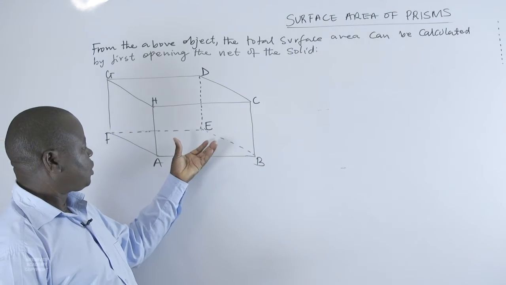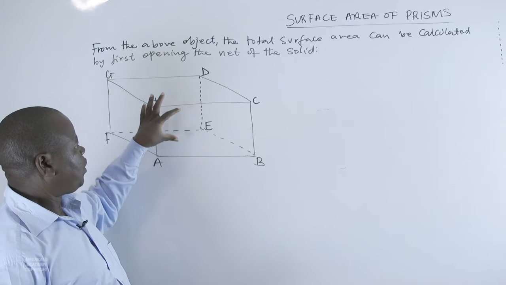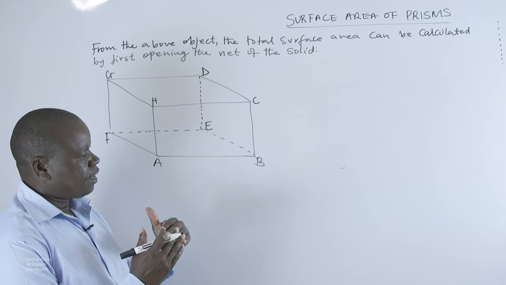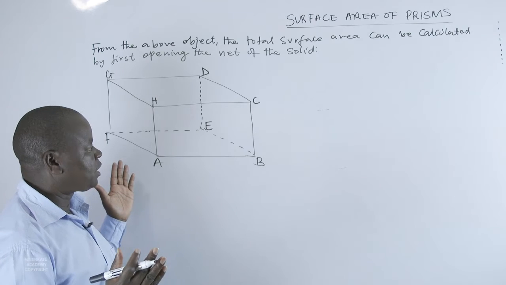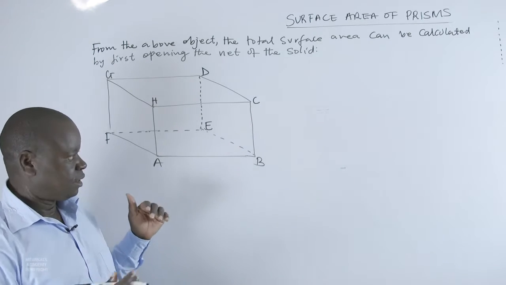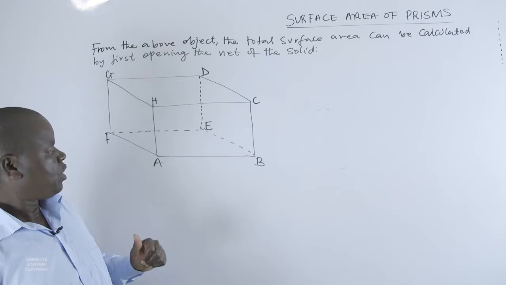We open the net of this particular solid, and when we talk about the net, we just assume that it is an open object. It's made of several plane figures. So look at the net of this.